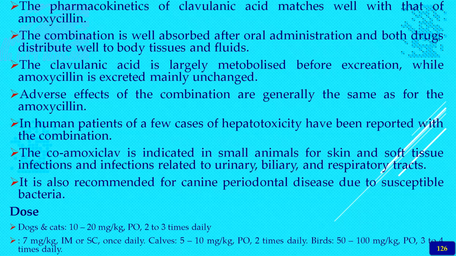Co-amoxiclav is indicated, especially in small animals, for skin and soft tissue infections, urinary tract infection, biliary and also respiratory tract infections. It is recommended for canine periodontal disease due to susceptible bacteria. The dose is 10 to 20 milligram per kg in dogs, and in cows we can use 5 to 10 milligram per kg.